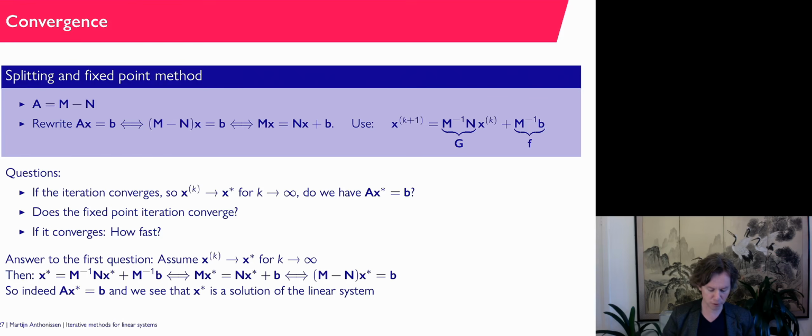And then if you plug that in, we find this equation here for x star, multiply with M, and then move the N term back to the left side, and we see that indeed we have a solution of the linear system. So that's great. So first question is answered. Yes, that's correct. It happens.